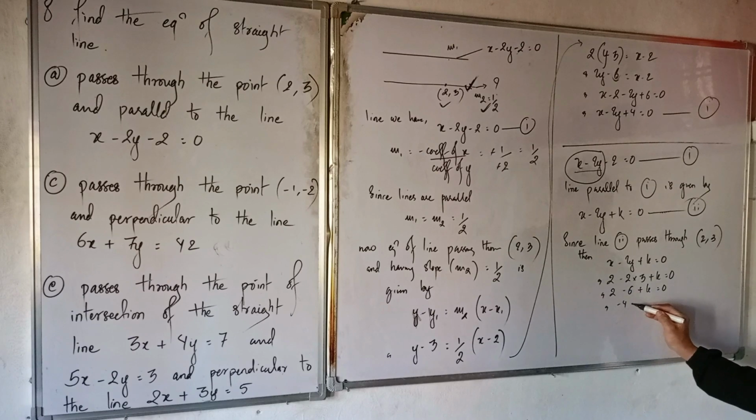This becomes minus 4 plus k equals 0, so k equals 4. So you got the value of k.